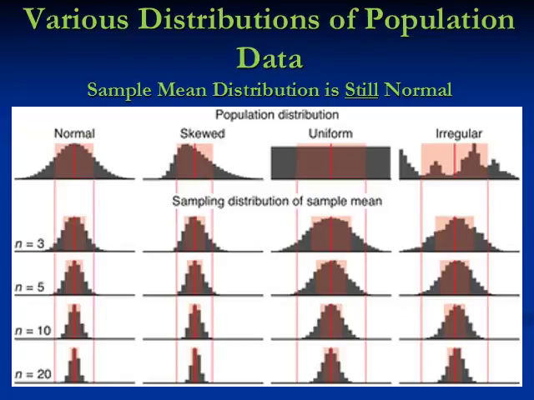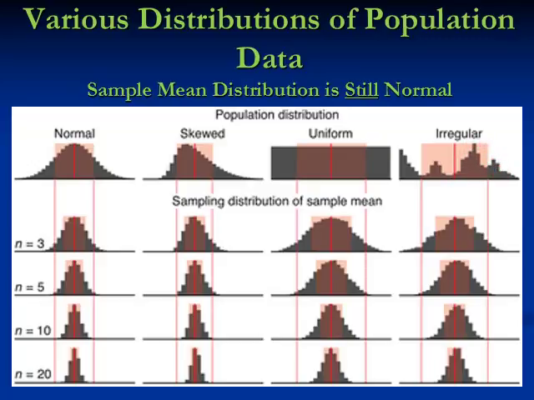Okay, one more slide here just to make sure it's clear. So what do we have? Four different possible population distributions. We have this nice, perfectly normal population. We have a right tail skewed population. We have another weird data set here of uniformity. And then this one is incredibly irregular, up and down and kind of crazy.